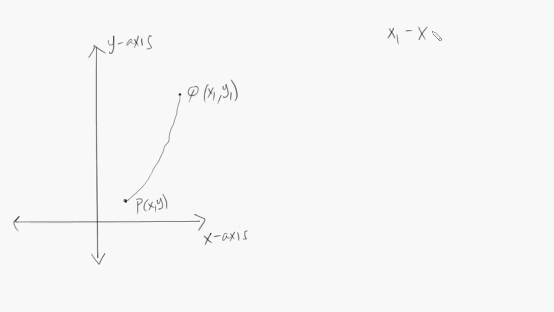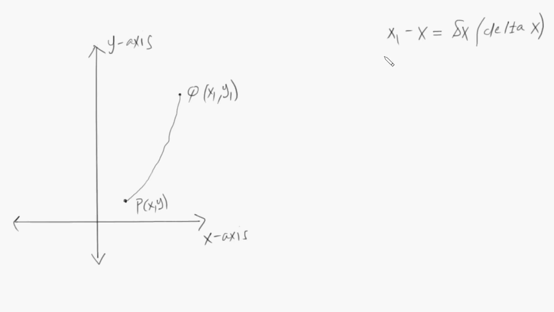Now this change in x is denoted by this symbol, which inasomeka kama delta x. Ukiandika delta x unaandika hivi, delta x. Okay, and now not just x is changing, y is also changing from y to y1.